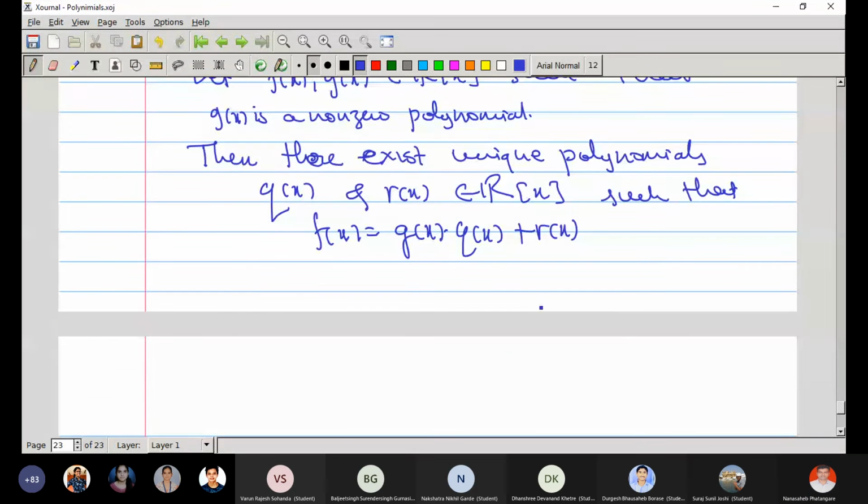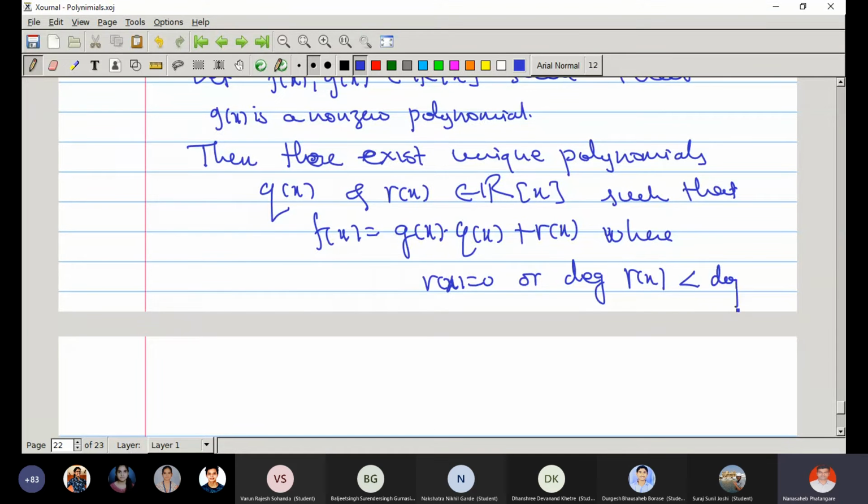Where r(x) is 0, that means the remainder is 0, because if you are looking at two integers, either one divides the other, that means the remainder is 0, or the remainder is non-zero. So r(x) is 0, or the degree of r(x) is less than the degree of g(x).